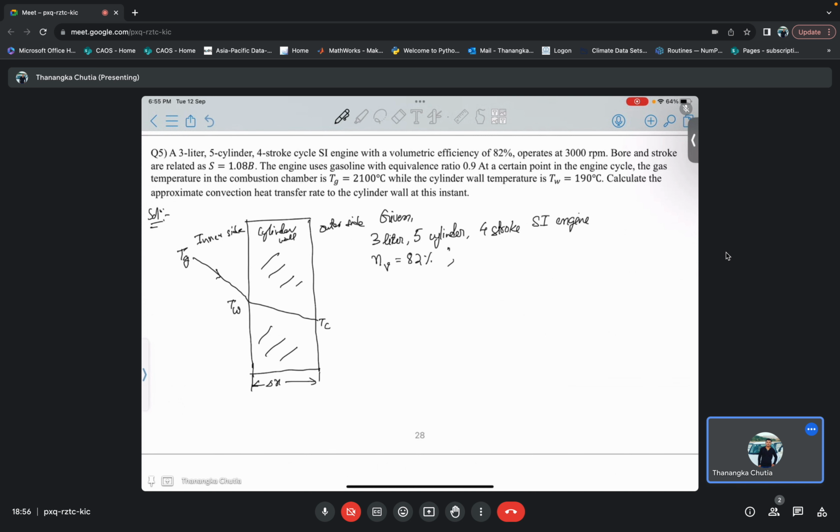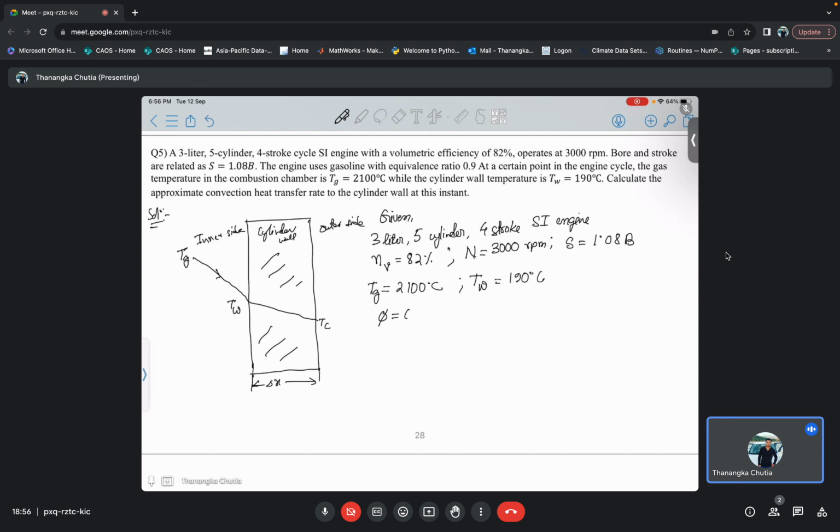RPM is given as 3000. Stroke and bore are related as S equals 1.08 B. Tg is equal to 2100 degrees Celsius, and Tw is equal to 190 degrees Celsius.